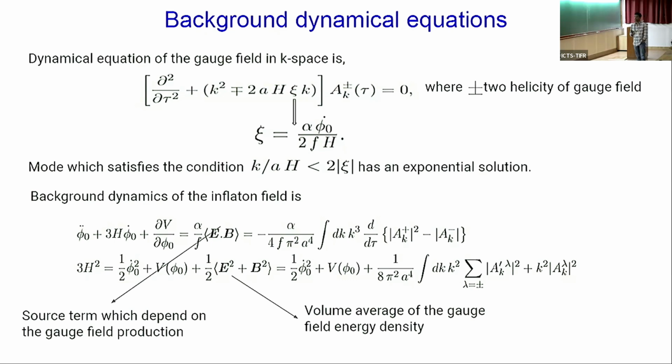From this equation you can clearly see that this mode has exponential growth if it satisfies this condition. If Xi is sufficiently large, then a large number of modes will be excited, and if a large number of modes are excited, the source term will start to affect the background dynamics.